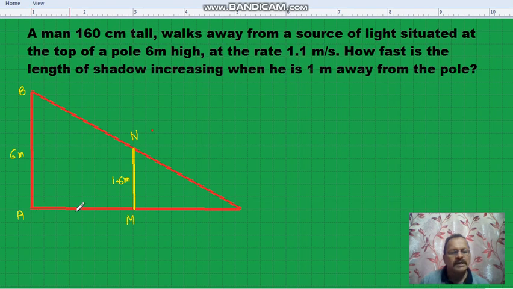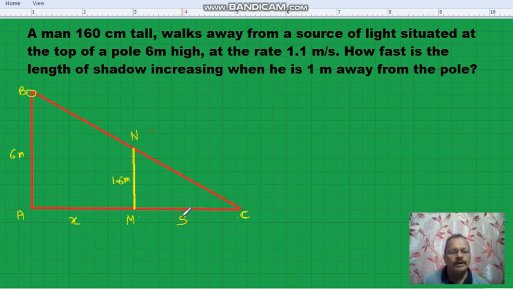Suppose this AM is equal to x and let me call this point C. This point C is tip of the shadow. This is lamp at this post here, man is here, so the shadow is MC.